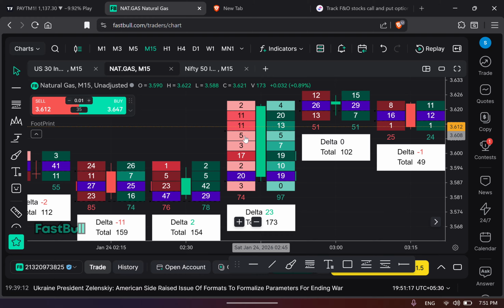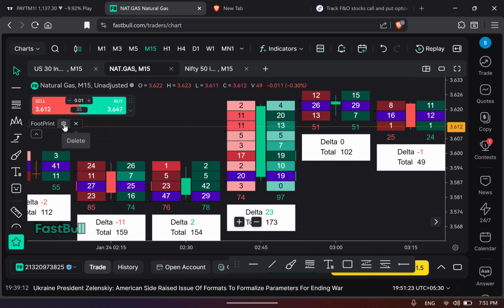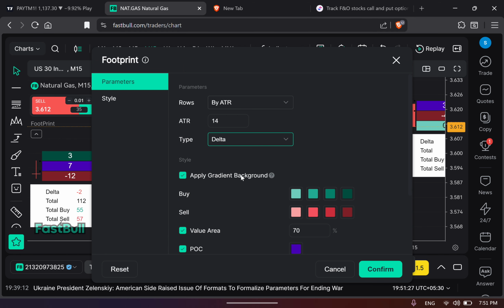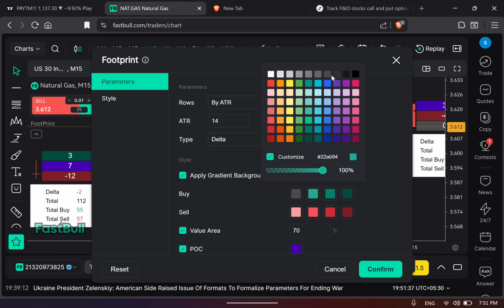Now, once you get to the footprint by selecting footprint chart from candles, go to the settings and change the sell and buy transaction to the delta. Whatever you are able to see here, buy and sell, we are not looking for the aggression, so just change the color to something else.